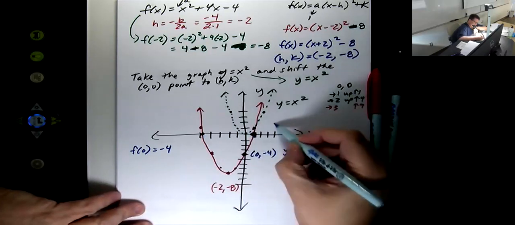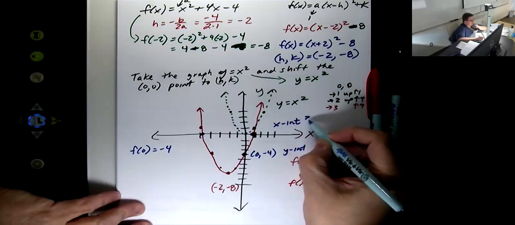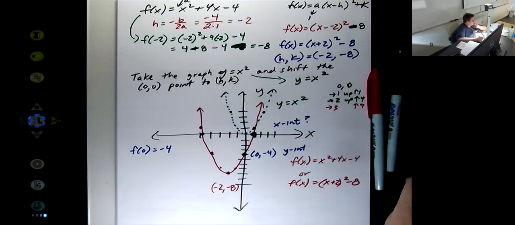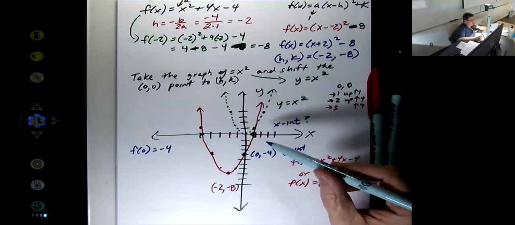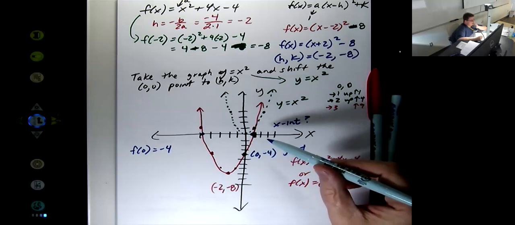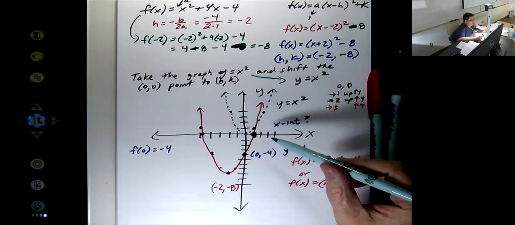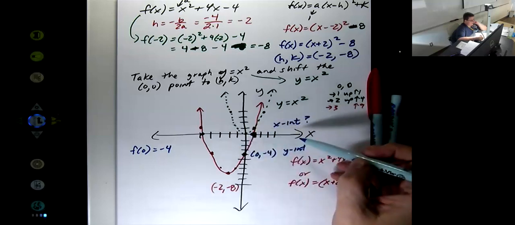How can I find my x-intercepts? How did we do it in general in the past? What's true for the x-intercept?